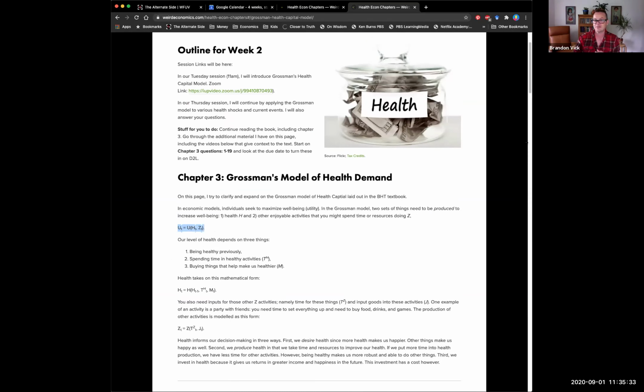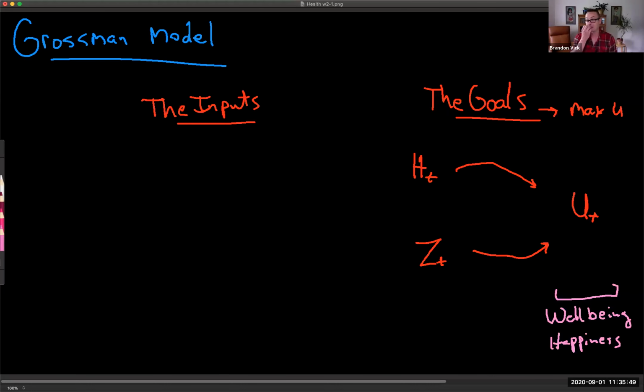And that's what I just spent the last 5 minutes doing. Okay. So economics, math, they put it into that term, but you're expected to know in the background what I just said here. Okay. I did the long approach. All right. So that's what I'm trying to do here, is help you consume and interpret these economic models. Okay, so U is a function of health and these other goods.